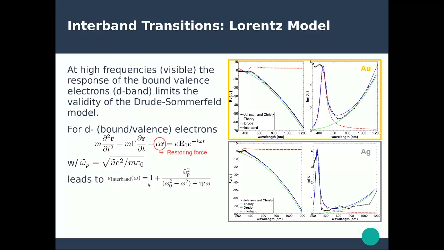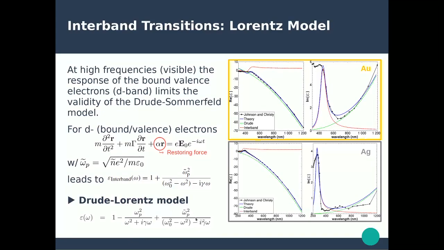Now we have a Lorentz function, so that's why it's the Lorentz model, which results from the introduction of this restoring force. And you can now extend the Drude-Sommerfeld model to a Drude-Lorentz model, calculating this overall dielectric permittivity that includes the Drude response and the Lorentz response from the valence electrons.